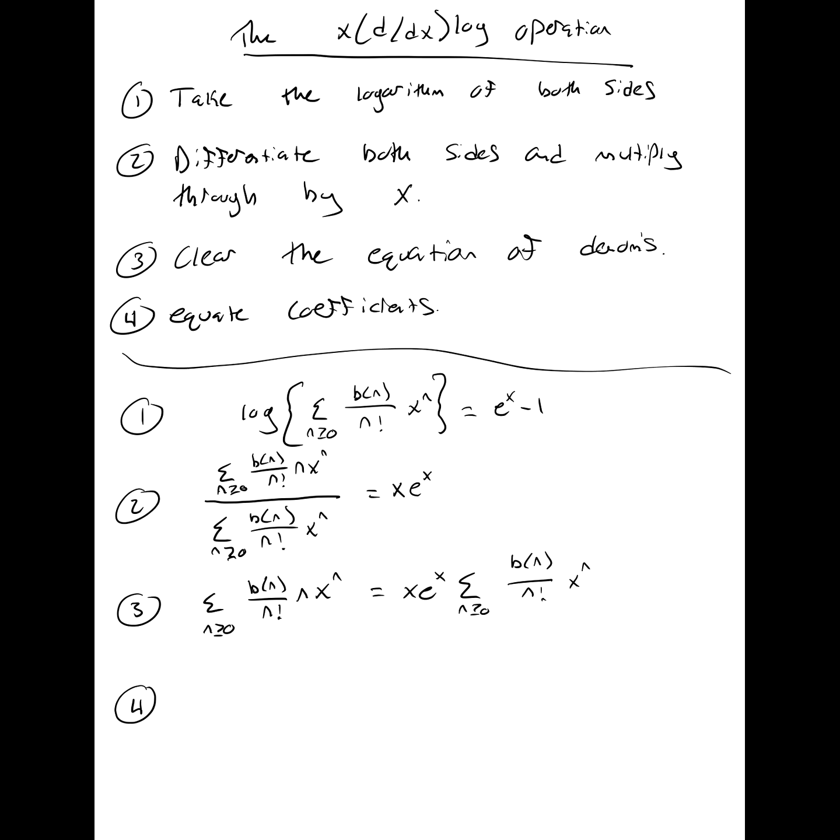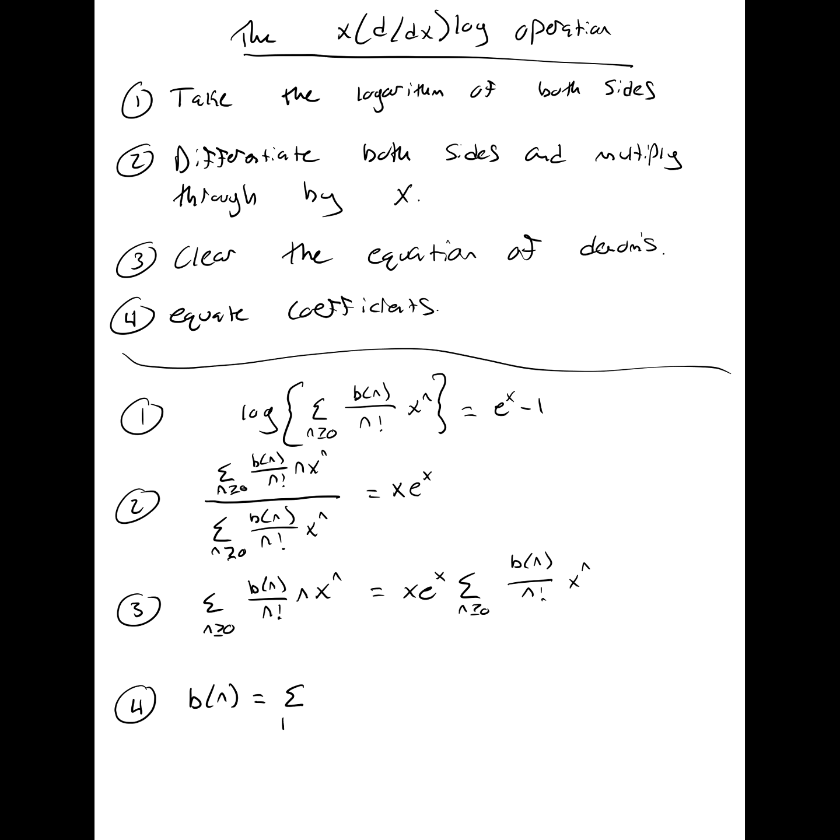We'll talk about that at some point in a different video. But if we multiply the power series of this times this power series, we'll get different coefficients. And we're just going to equate the coefficients that we get, and solve for b of n.